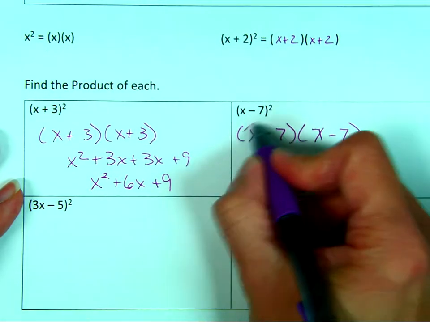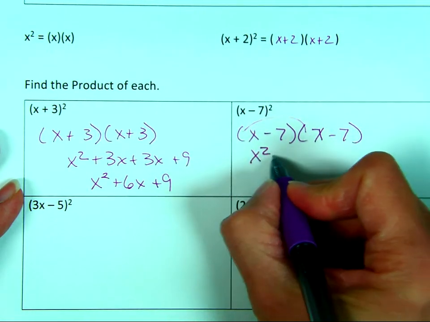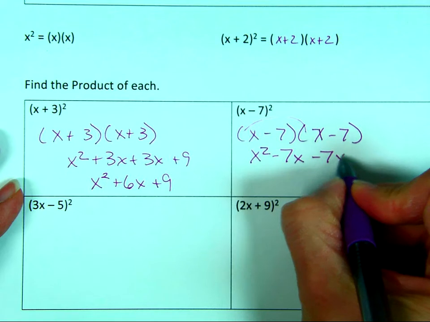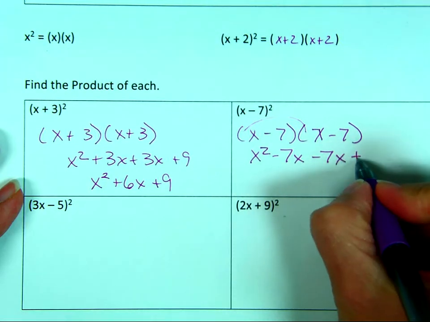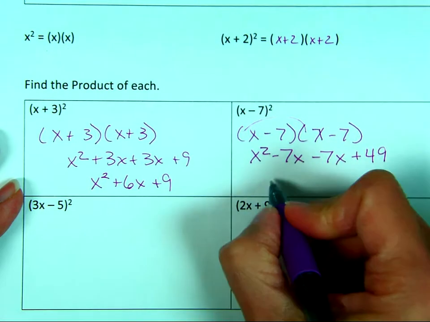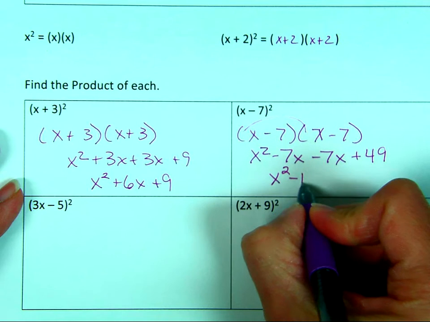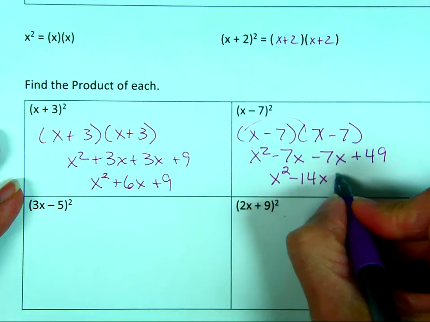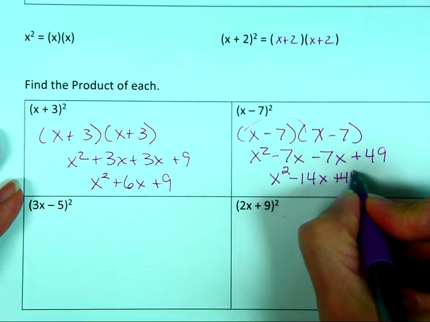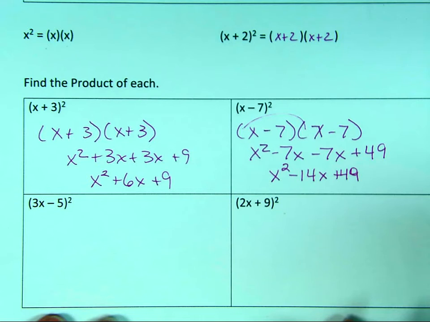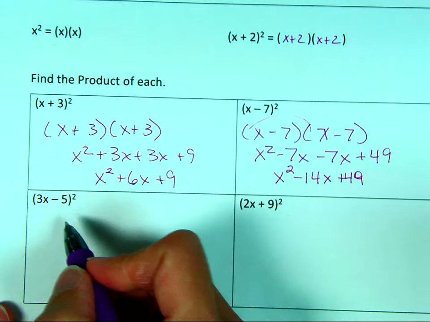And then I use my FOIL. So x times x is x squared, minus 7x for my outers and inners, and then plus 49. x squared minus 14x plus 49. Whoops, 49.